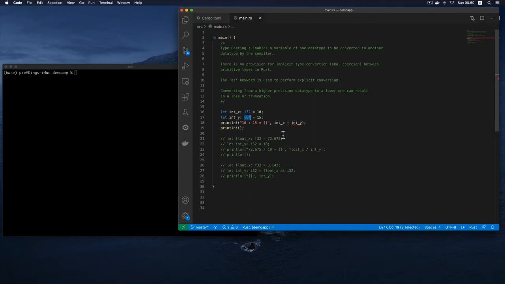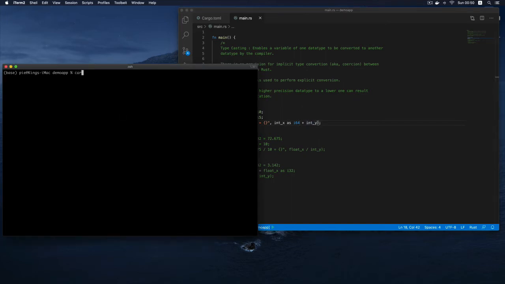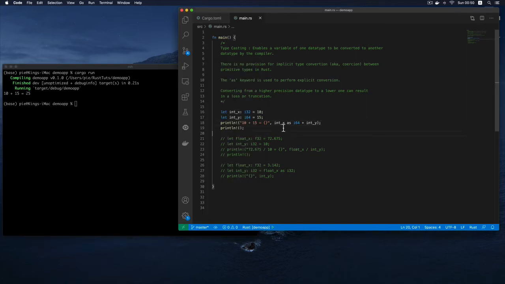So what I can do is cast S to i64 like this, so that S is now i64 and Y is also i64, and you can see that the answer is 25 and is working as expected. And because I cast int x to i64 and Y is also i64, the resulting answer is i64.